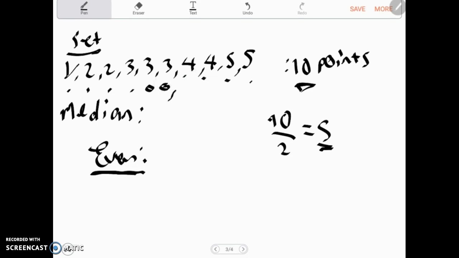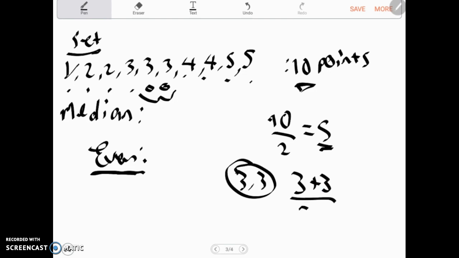And we end up with these two right here, which is 3 and 3. After that, we need to find the average between these two data points. So 3 plus 3 divided by 2 equals 3. And so that is our median.